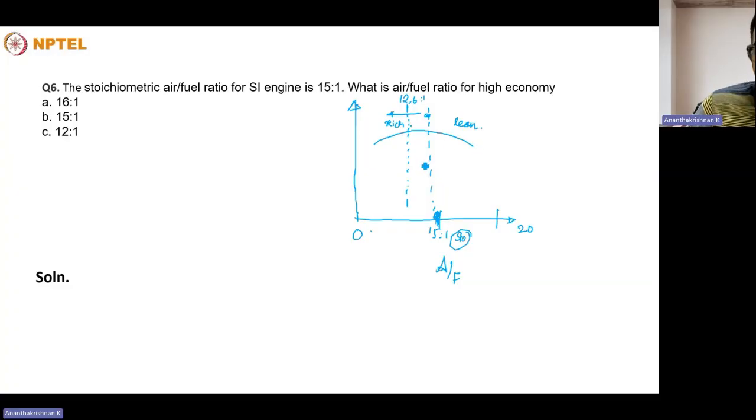But the best fuel economy is the one where, for a lower fuel flow rate, we'll be getting the maximum fuel efficiency.